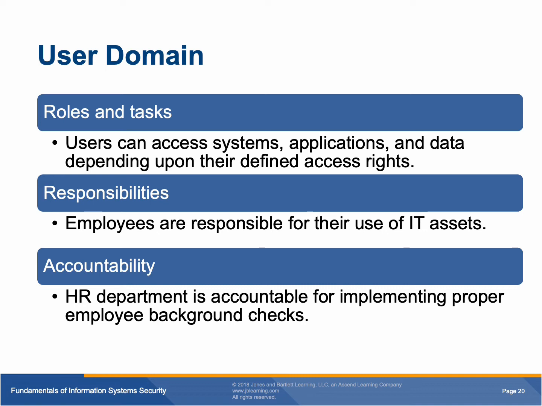Based on these mechanisms, we're going to give you certain authorizations once we've authenticated you. And then this is going to allow you access to certain things based on what has been defined that you should be doing.